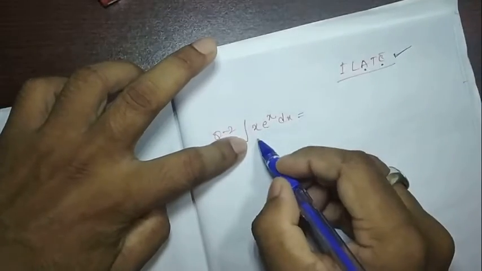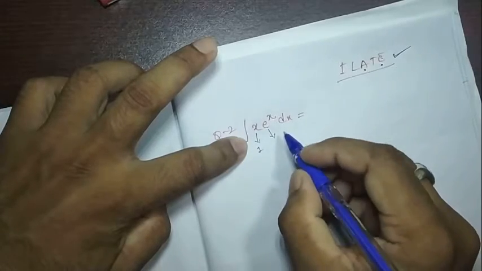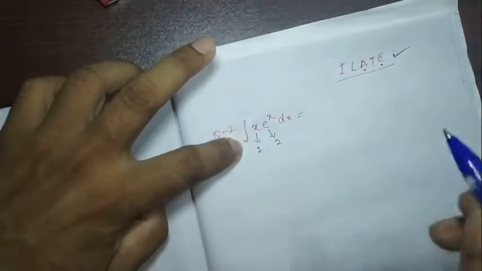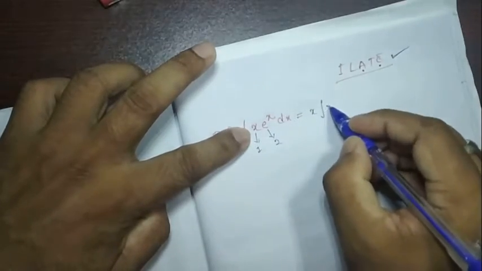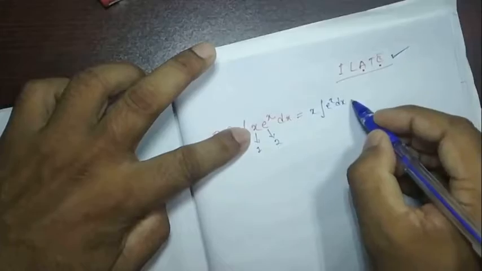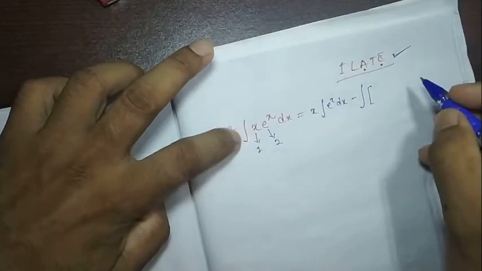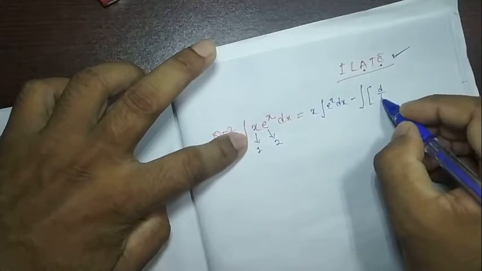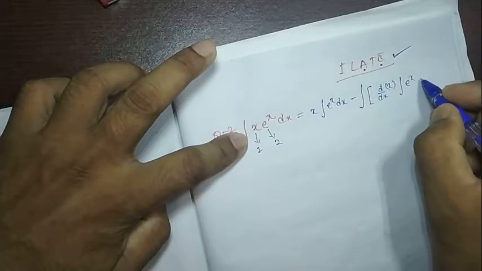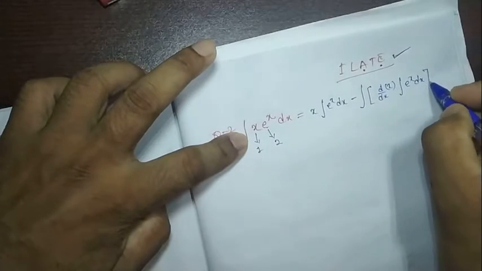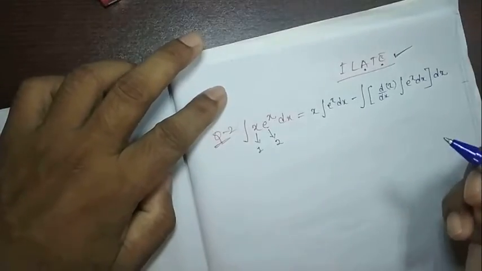So here x will be considered as the first function, and e to the power x will be considered as the second function. So we can write first function times integration of e to the power x dx, minus whole integration, the bracket is started, d by dx of the first function, that is x, times integration of the second function, close the bracket, and whole integration dx.